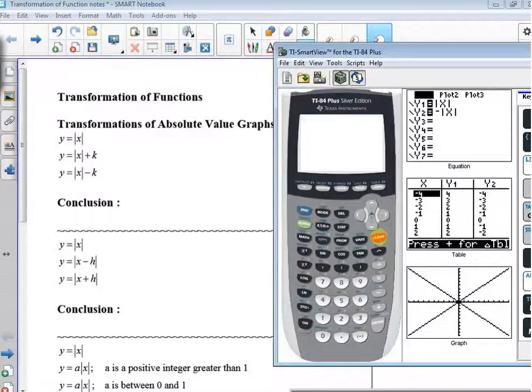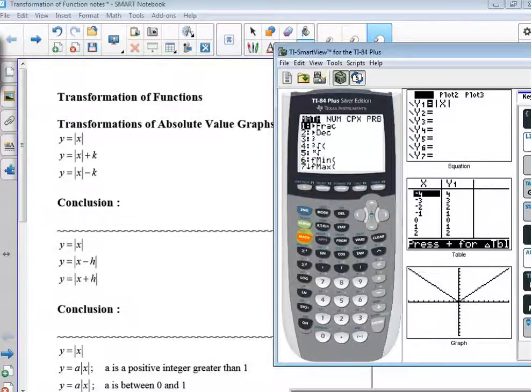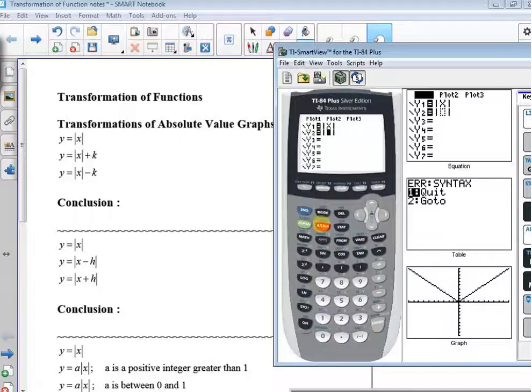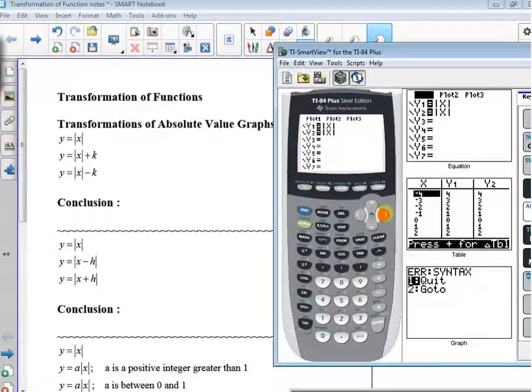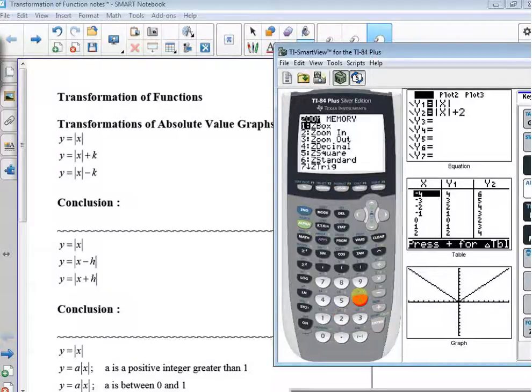And then go to y2 and let's plug in math, num, absolute value of x plus 2. Zoom 6 for the first time and then graph. This moves 2 up. You probably already knew that.